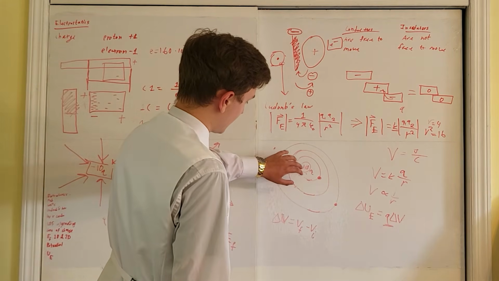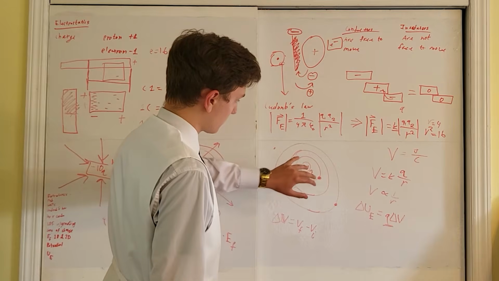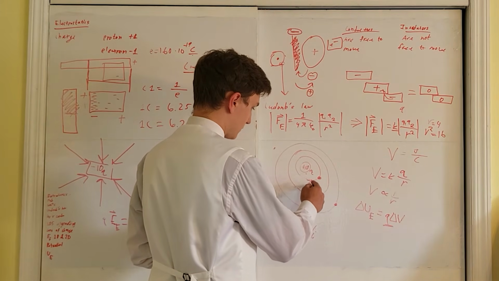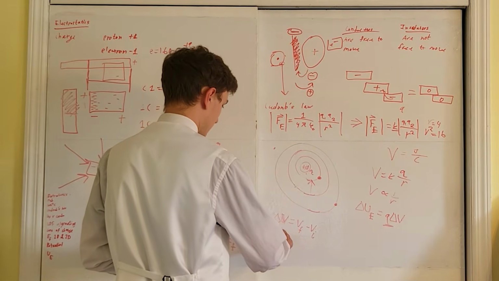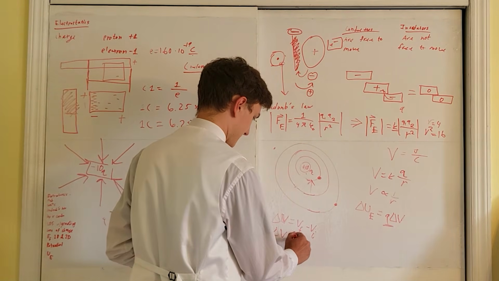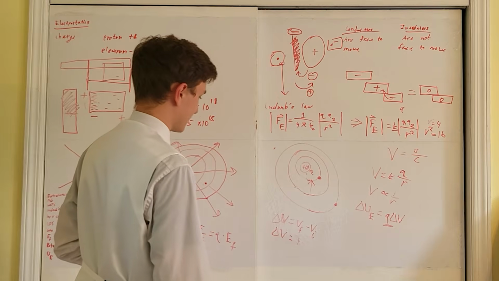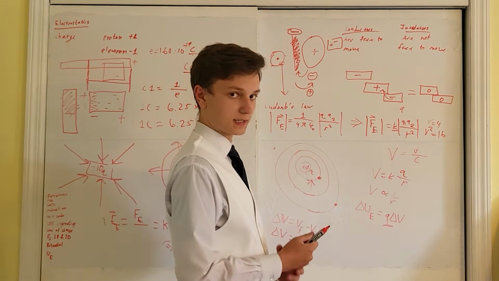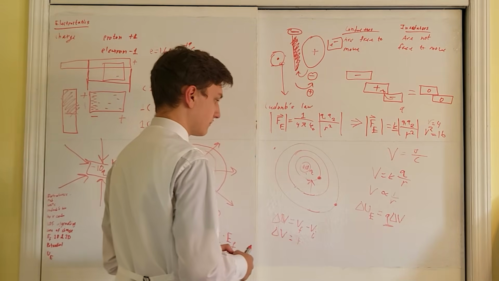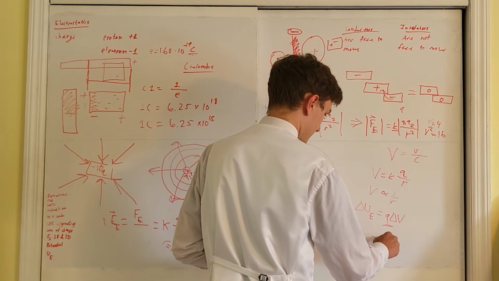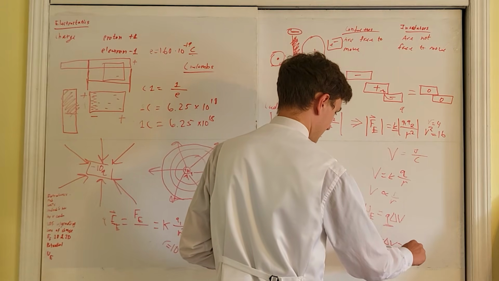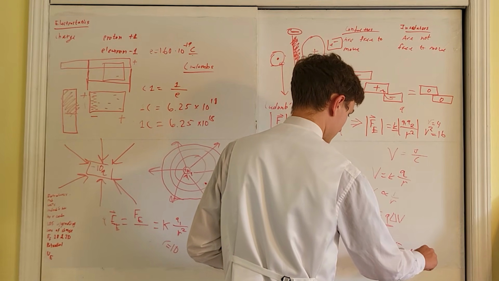We discussed that potential is always greatest nearest to the center. So if a particle moves this way, closer to the center, then your change in potential is positive, because your final is greater than your initial. What kind of particle would be moving towards the center? That would be a negative particle. So a negative charge Q times a positive delta V would equal a negative change in potential energy.